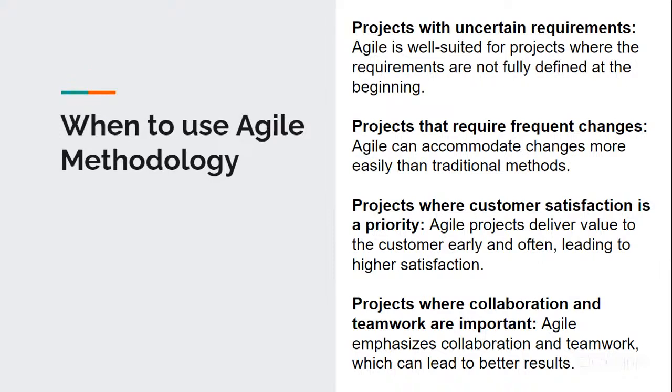Projects where customer satisfaction is a priority. Agile projects deliver value to the customer early and often, leading to higher satisfaction. Yes, Agile allows projects to be completed early because they are divided, as I said earlier, into sprints, which allow each team member to know what to do and get the work done early.